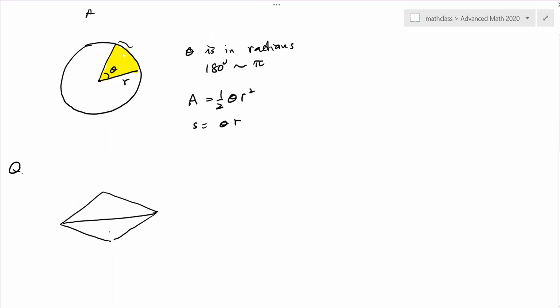This is called a rhombus, which means those four sides are equal, but it's not a general parallelogram. It has two diagonals, and they're perpendicular. The lengths of the two diagonals are 24 and 10.